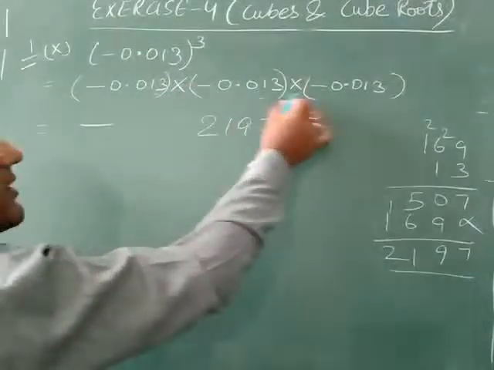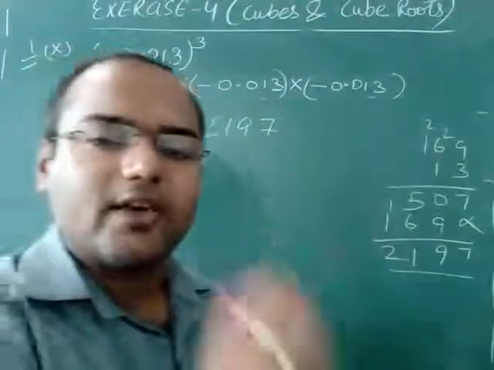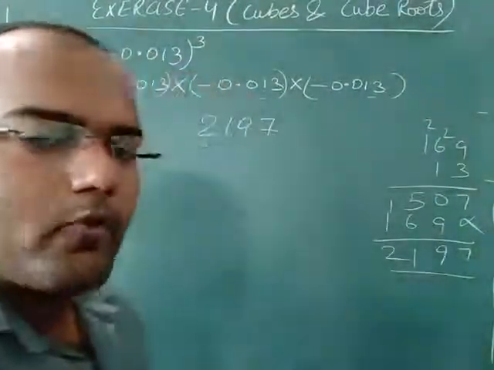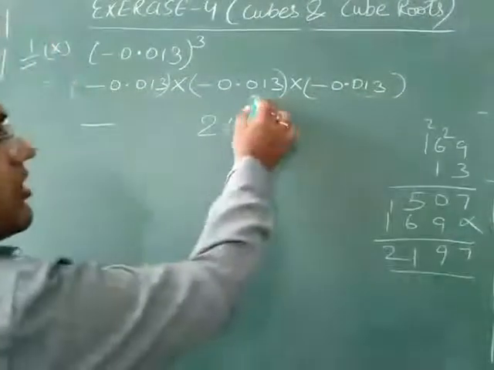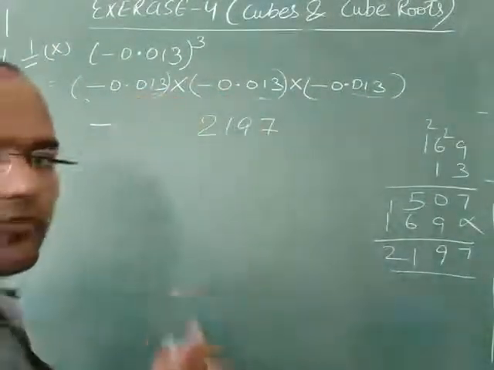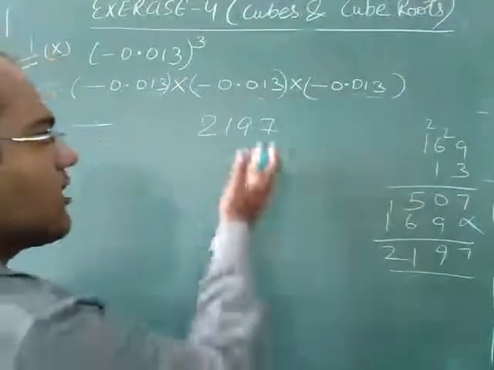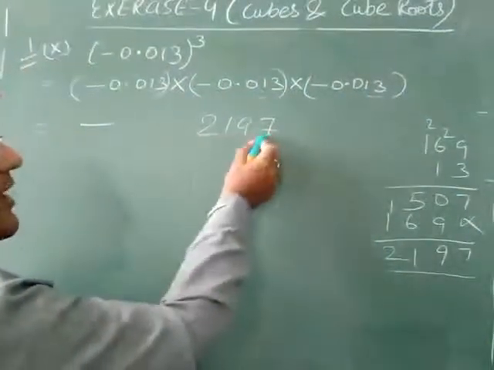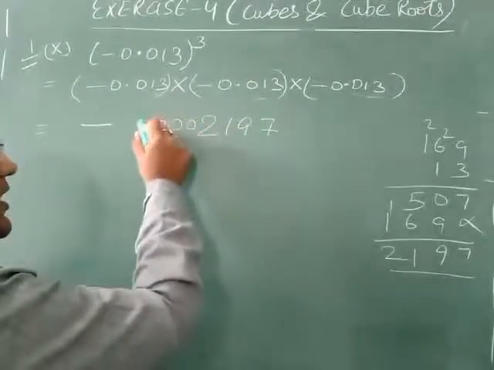When we will multiply 13 3 times, answer will be 2197. Now you have to count the point. Here before 3 digit point is there. Here also before 3 digit and here also before 3 digit. So total how many digits are there? 9 digits. So we have to put the point before 9 digits. 1, 2, 3, 4, 5, 6, 7, 8, 9.